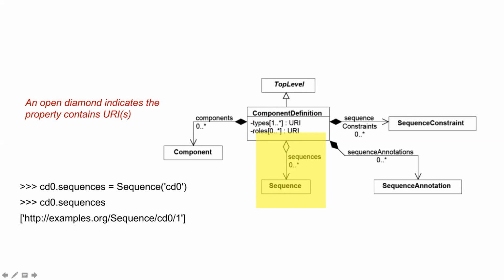But when I dereference it and look at the value in that attribute, what it really returns is the URI, not the actual object. So any attribute with an open diamond arrow, you should expect the value it contains to be a URI. It's also legal and valid to say cd0.sequences equals the URI of some object.